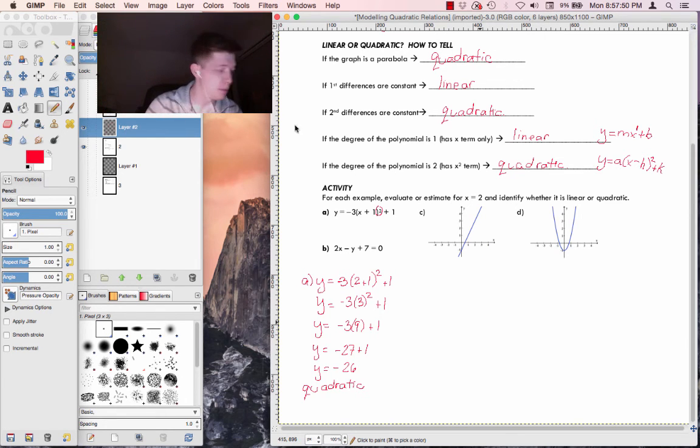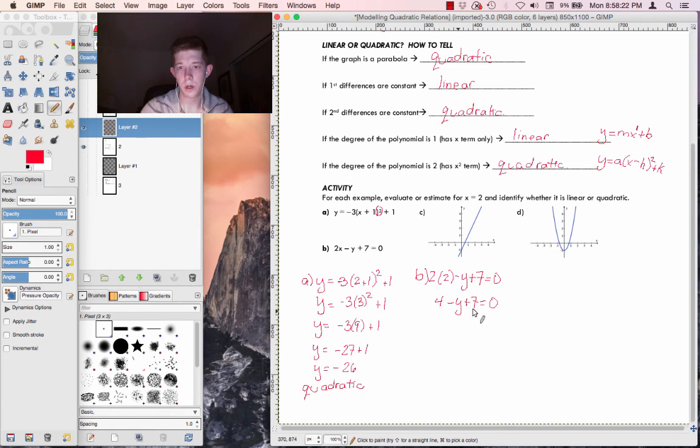All right, so let's look at the B part here. Again, I want to replace the x in my equation with the number 2. So that means that everywhere I see an x, I replace it with 2. So I get 2 multiplied by 2, because that was an x here, minus y plus 7 is equal to 0. Now 2 times 2 is 4, minus y plus 7 is equal to 0.